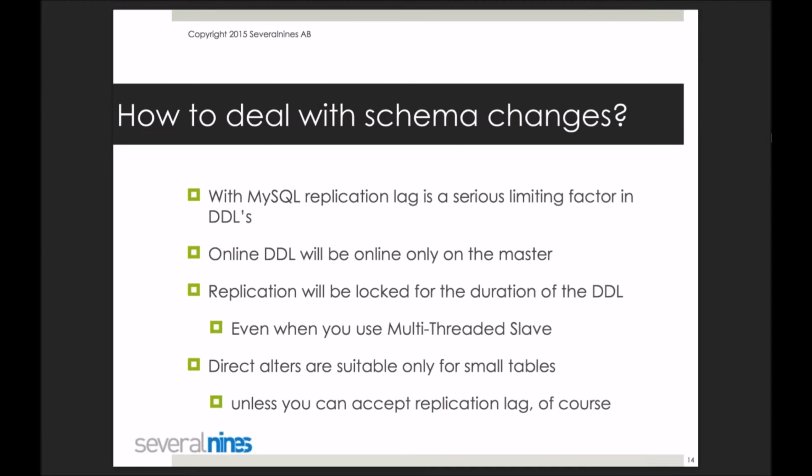So basically, on the master, you can execute an alter, you can add an index, you can do whatever you want, and it will not lock the table, which is great. But the problem is when this alter event is being replicated to the slaves, it will lock the replication thread. So basically, the replication will be locked for the duration of the DDL. And this is true even if you're using multi-threaded slave. So there is no workaround here, unfortunately.